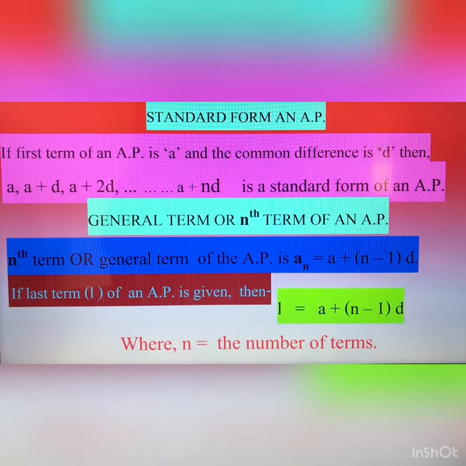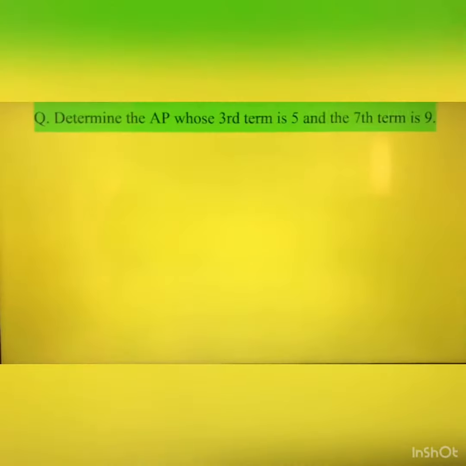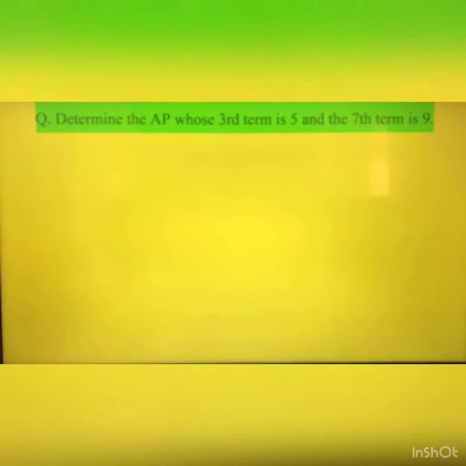Let us understand the application of the general form of an AP with an example. Determine the AP whose third term is 5 and the seventh term is 9. So here the requirement is to find the AP.